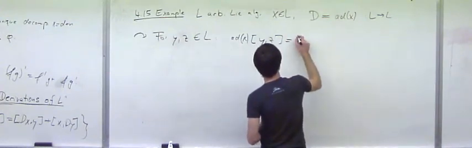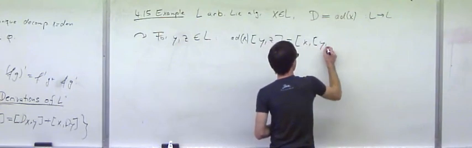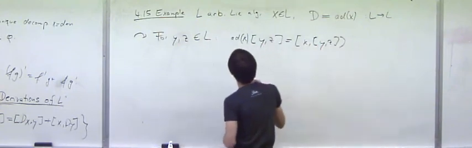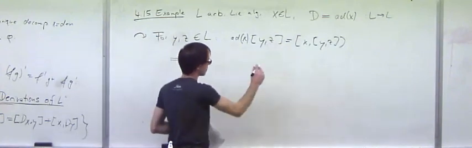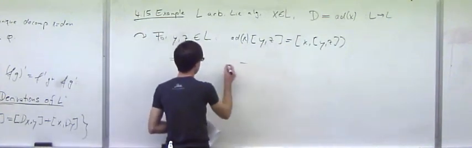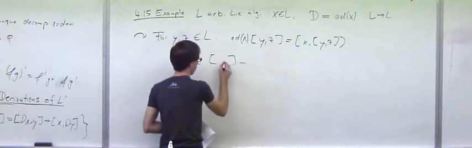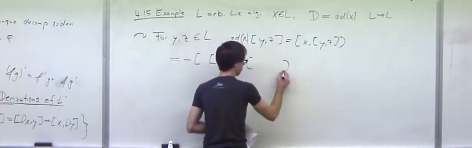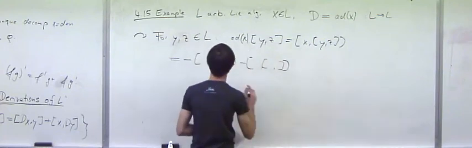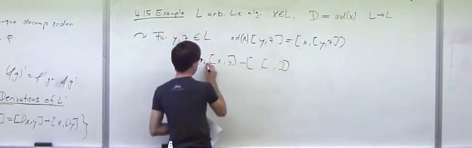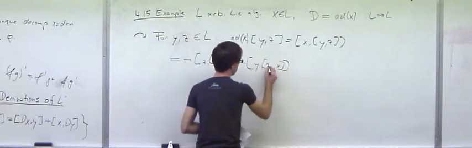So this is just [x,[y,z]]. Of course I take the Jacobi identity at this point. So I have to take all the cyclic shifts.